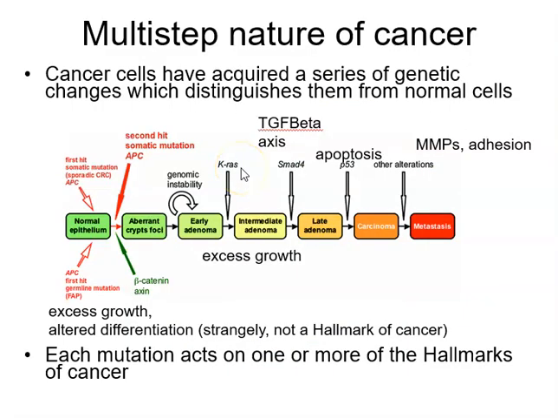So one thing to be really clear about is that cancer arises due to a series of genetic changes that distinguish them from normal cells. So a cancer cell originates from what used to be a normal cell. That normal cell accumulates one mutation which makes it behave abnormally, usually hyperproliferative or immortal or something else on the hallmarks of cancer.